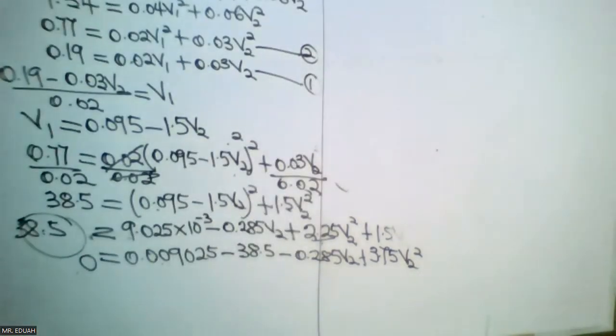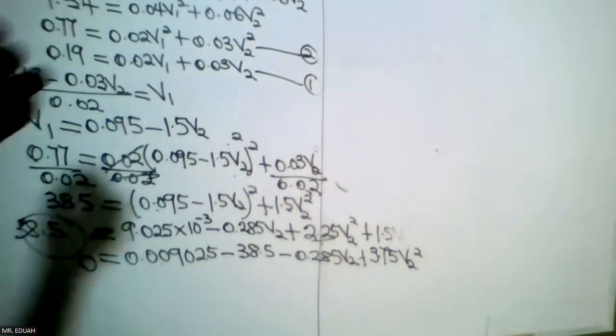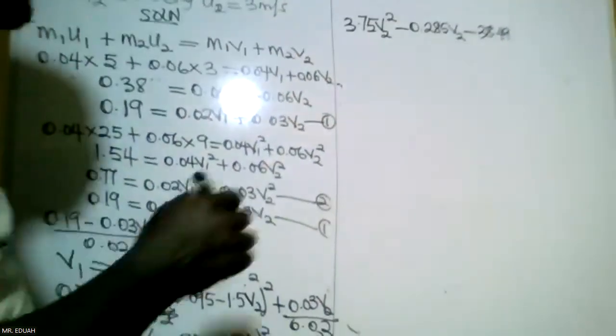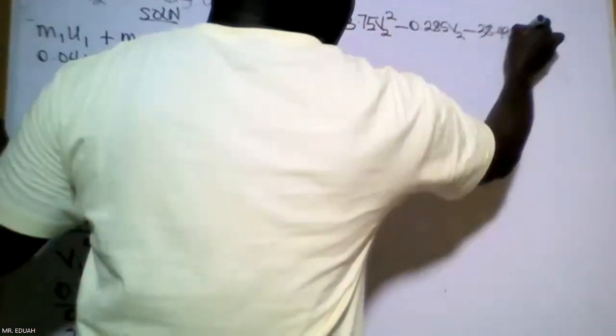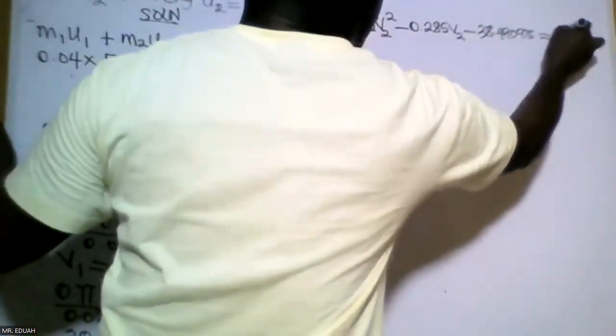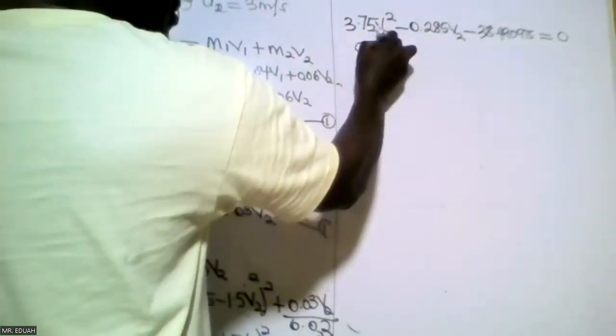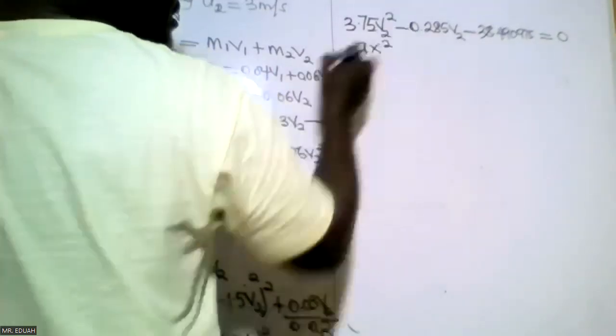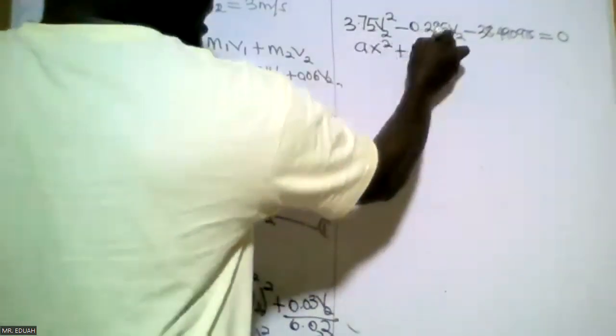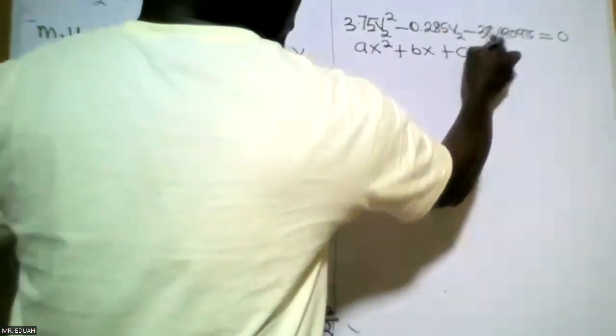So minus 38.490975 is equal to 0. So this is similar to a quadratic equation, ax squared plus bx plus c is equal to 0.